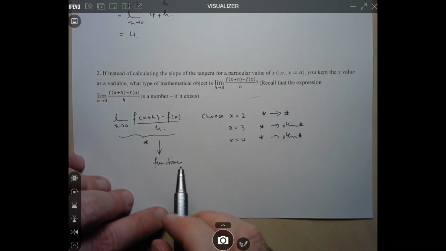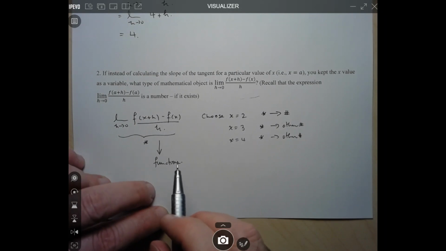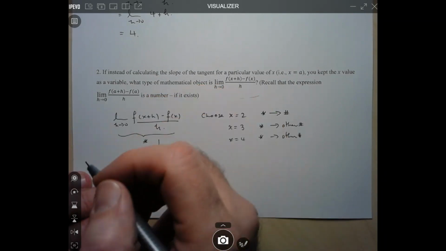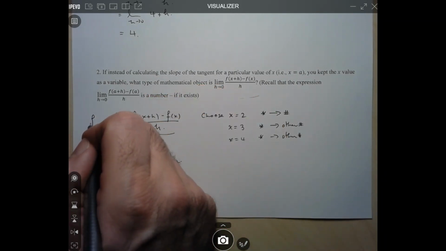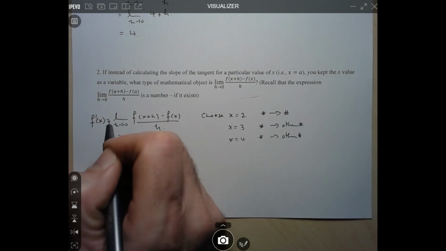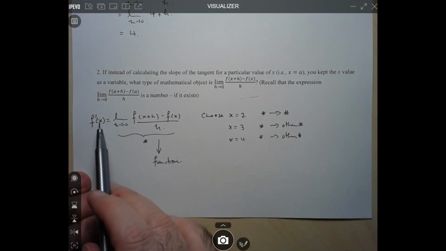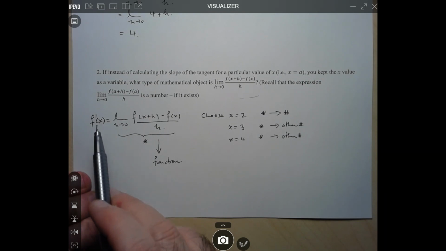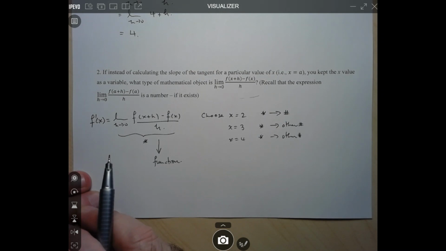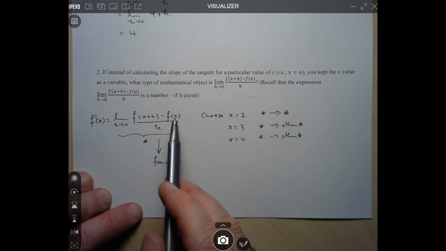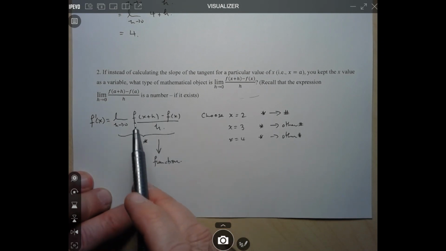I'm sure that is something you have heard many times in referencing calculus, and this is going to be one of our notations for the derivative: the function that takes an x value and outputs the rate of change of the function at that x value.